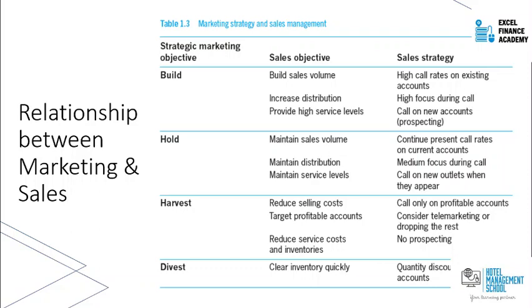So marketing and sales have to go hand in hand. They cannot go separately. You cannot market a product and sell something else, right? They have to have the same objective. Your marketing efforts, your objectives, your strategies have to be the same, short term and long term. If you want to hold your sales volume, then you continue to do the sales for your current client.